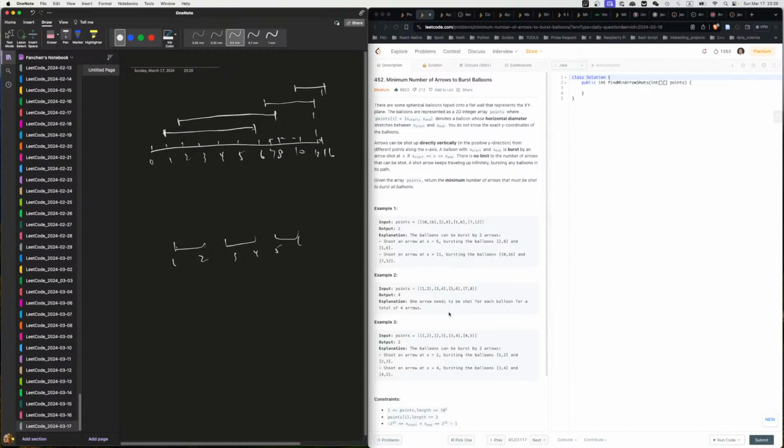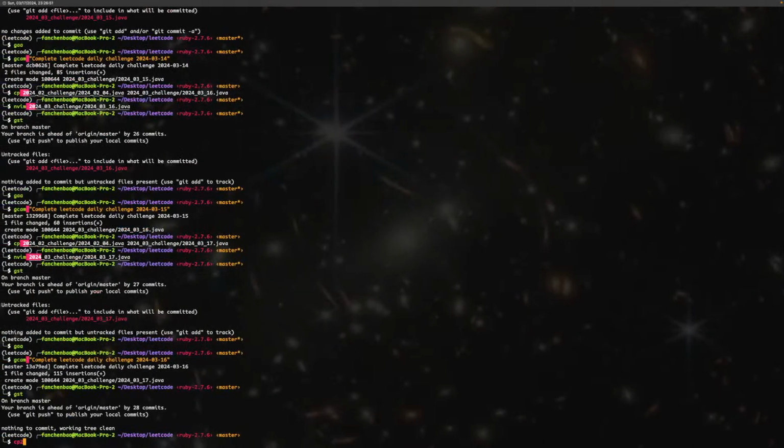It doesn't really matter if it pops in front or in back. And if the balloon you choose not to pop now can be popped later, then what's the point? You can pop it in front, you can pop it later, it's the same thing. And if you cannot pop it later, then you have to spend one more arrow to pop it. So yes, I think I am convinced that we're just going to try to find all the overlaps.